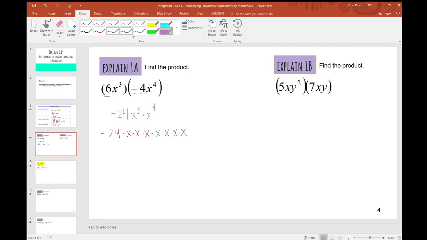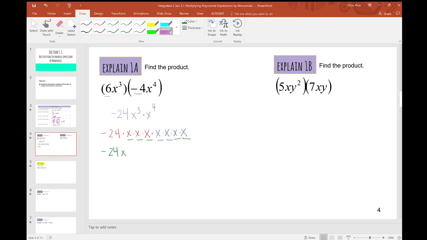We have the negative 24 from earlier, and then we also have our x's. How many x's do you see? 1, 2, 3, 4, 5, 6, 7. There are 7 x's total.